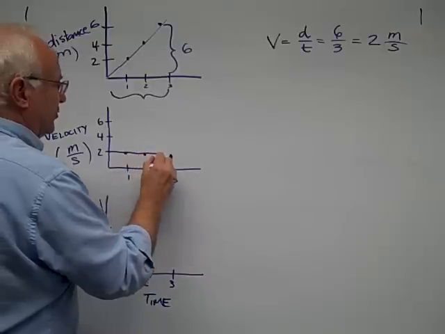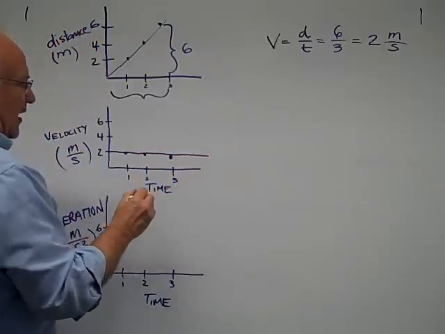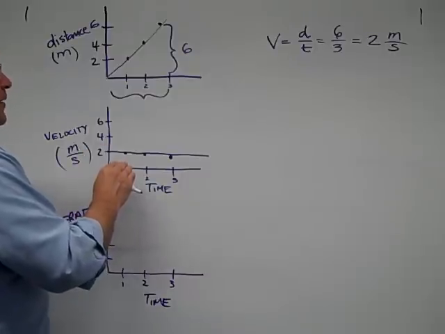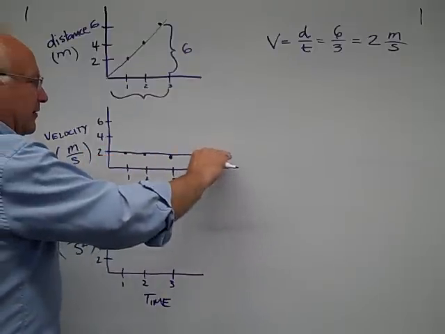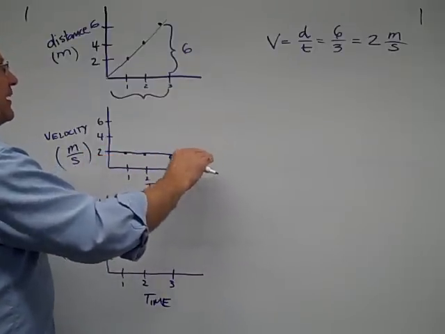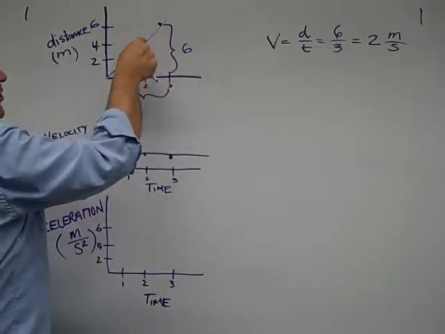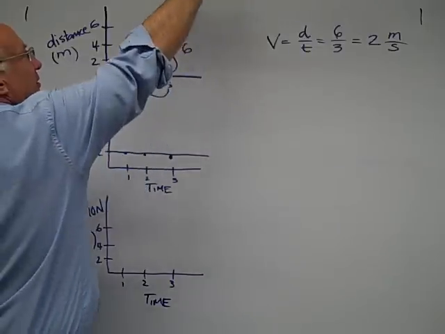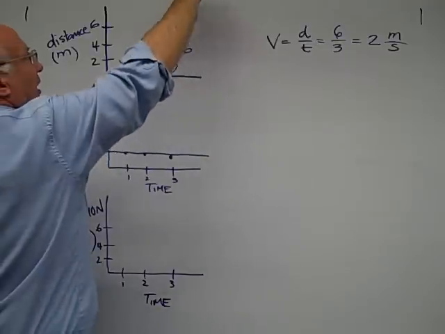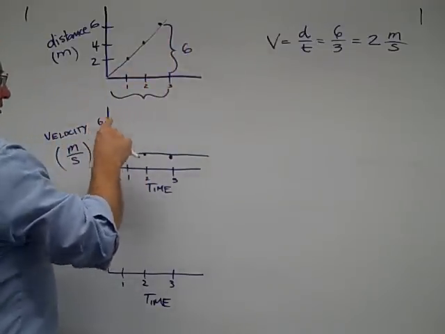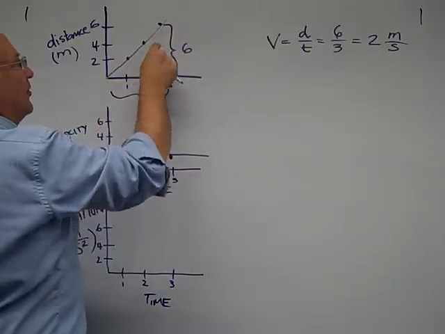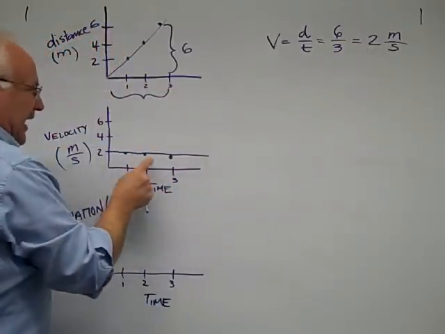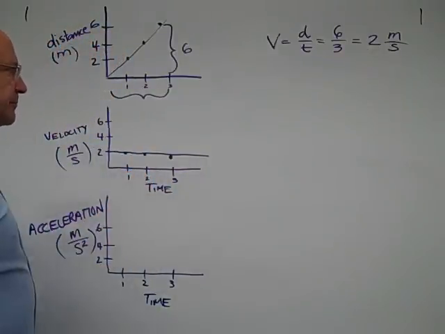And I was moving at 2 meters per second at every time in between. So, my line is straight across, indicating that the slope of this line is linear, a straight line, and doesn't change. The slope of this line is equal to 2. That's exactly what I've graphed here.